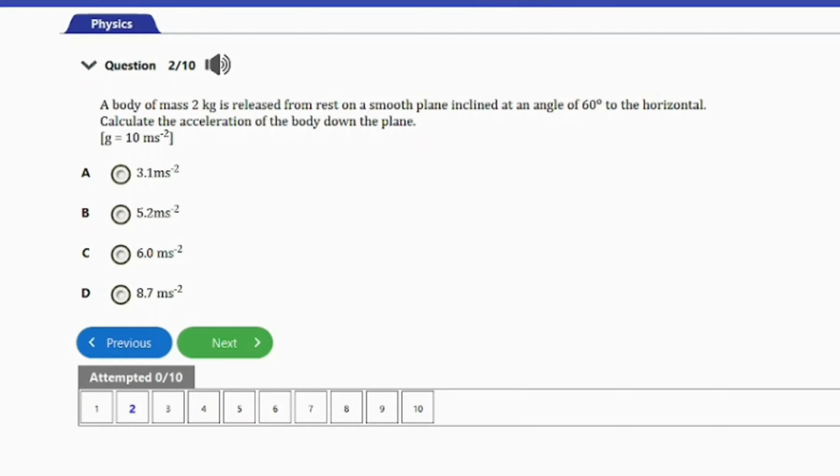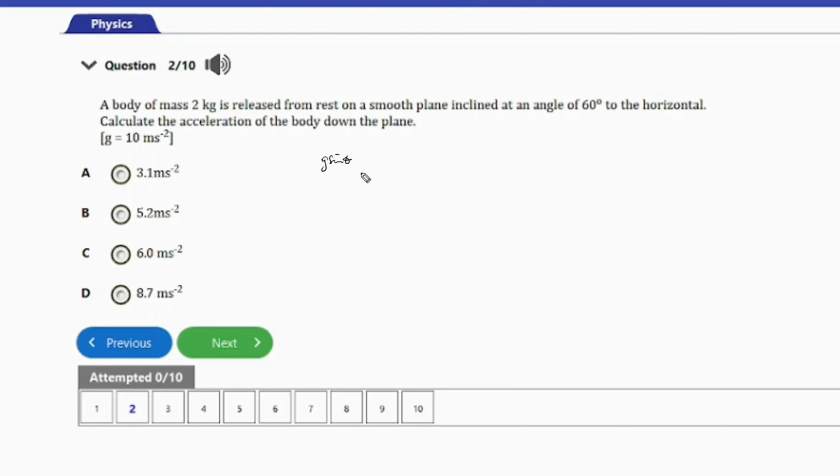So the next question we have here is question number 2. It says, a body of mass 2 kg is released from rest on a smooth plane inclined at an angle of 60 degrees to the horizontal. Calculate the acceleration of the body down the plane. So guys, in order for us to calculate the acceleration, we are going to use the formula g sine theta.